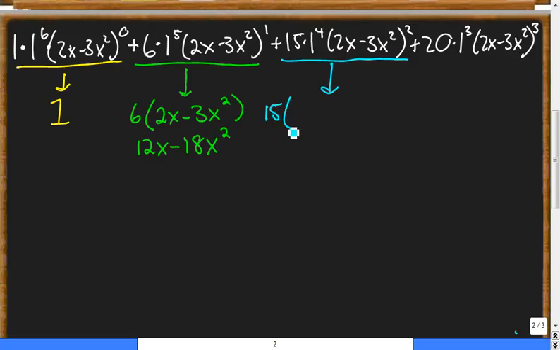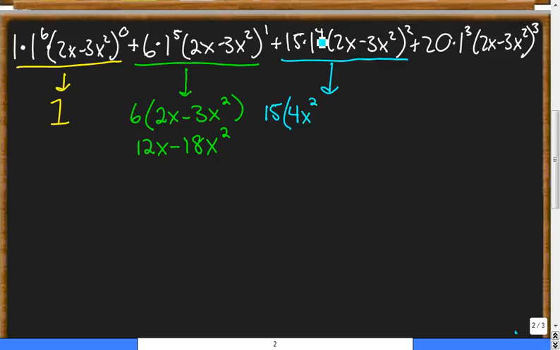Now, 2x minus 3x squared, remember this is like making our box. When we make our box, we have to make sure that we get all the little tiny parts together. So when we square something, the 2x is multiplied by the 2x, and 2x times 2x makes 4x squared.